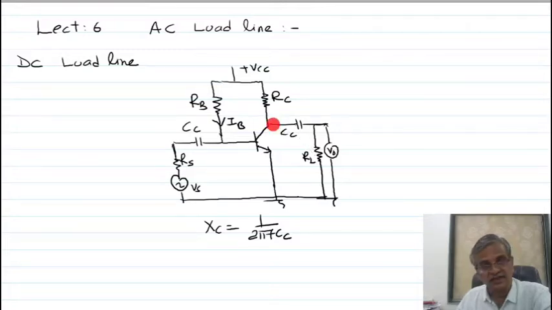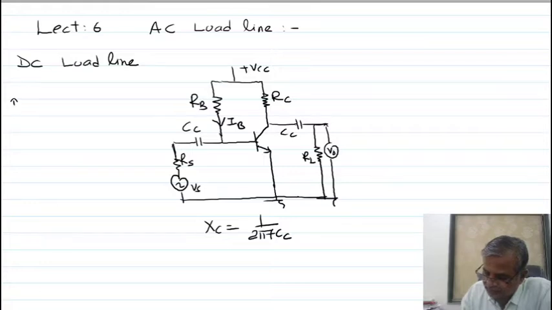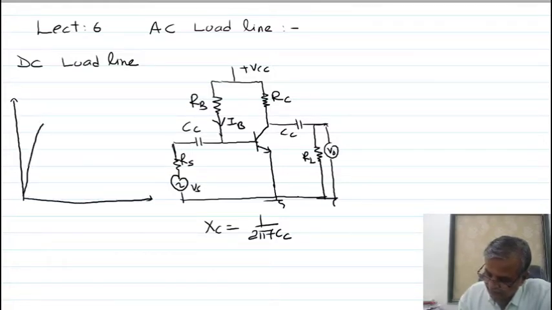Here at the collector, both AC plus DC will develop. So DC will be blocked by the capacitor and only the AC signal will come out. Now see, this is your output characteristics, which we have already discussed in a lecture.